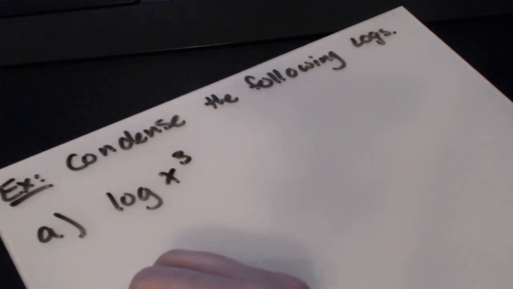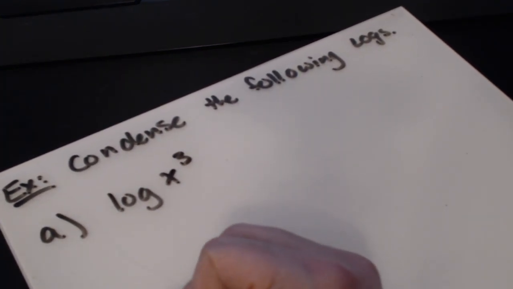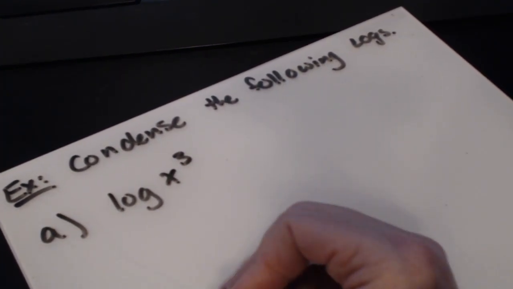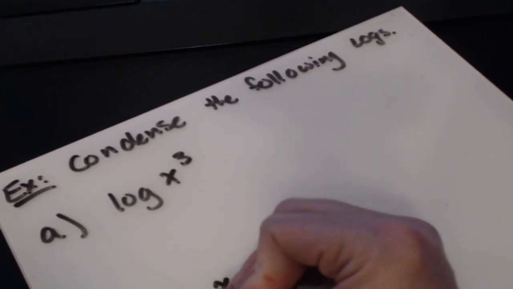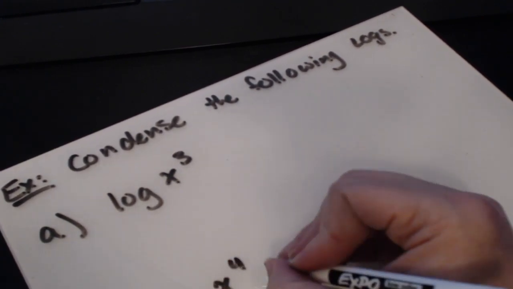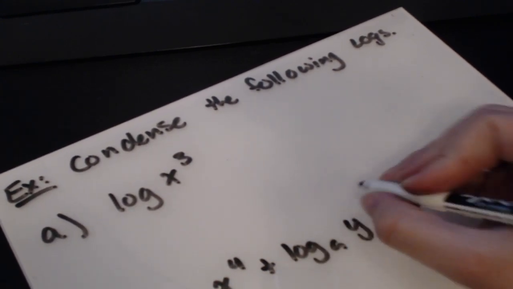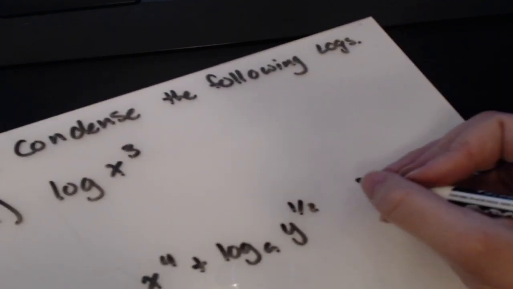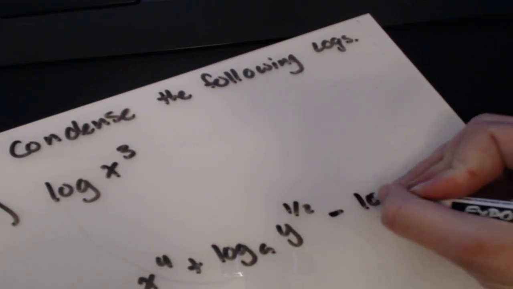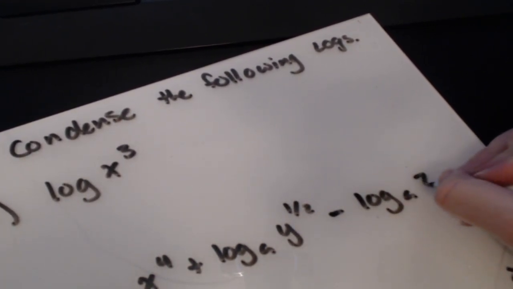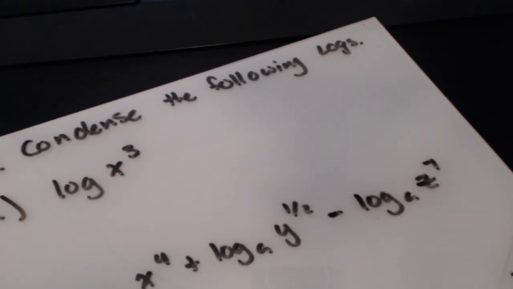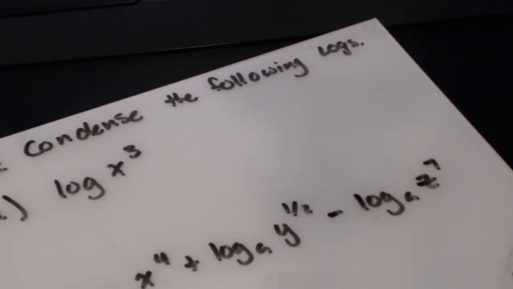And we'll do another one that's going to actually be a little bit more lengthy. We'll do log base a of x to the fourth plus log base a of y to the 1/2 minus log base a of z to the 7th. All right, so we have two different problems we're going to look at.